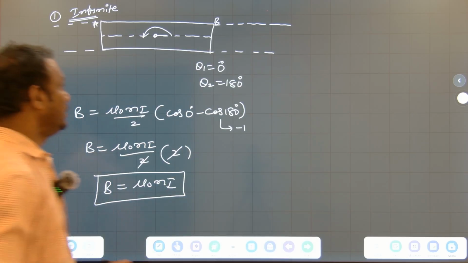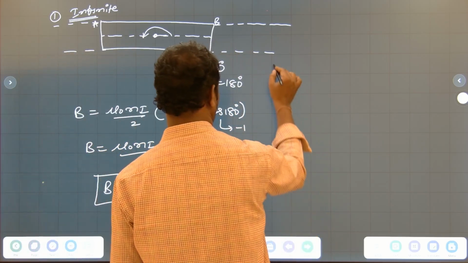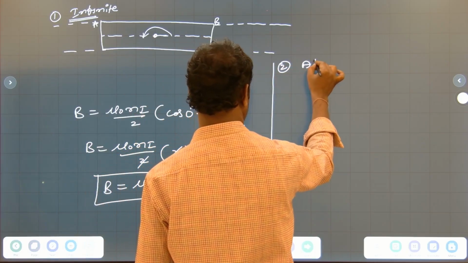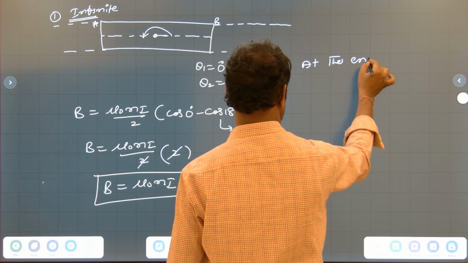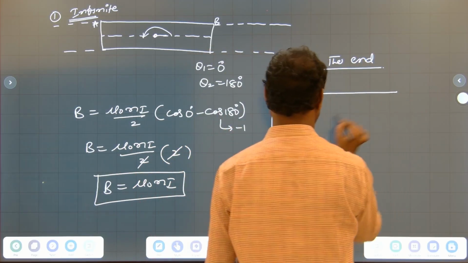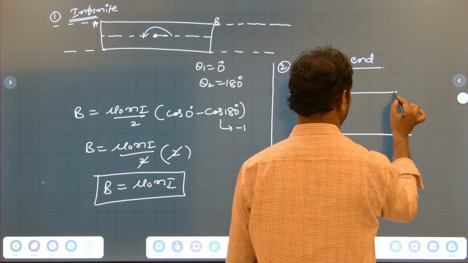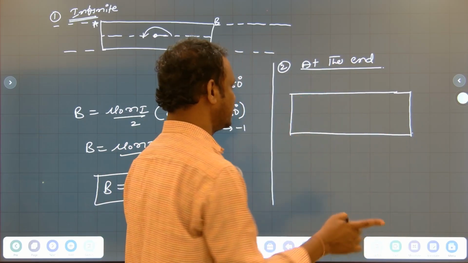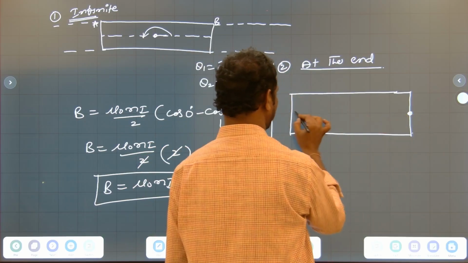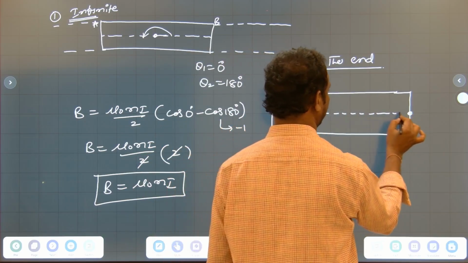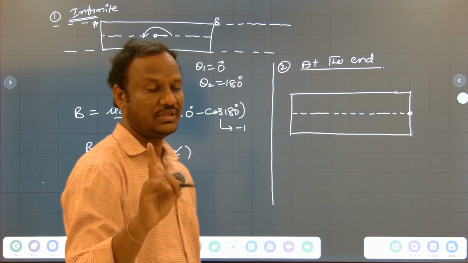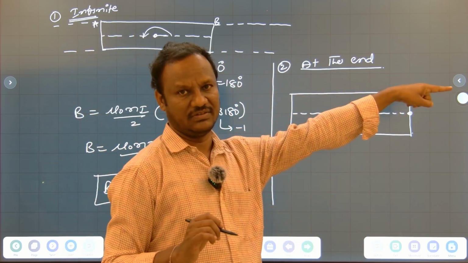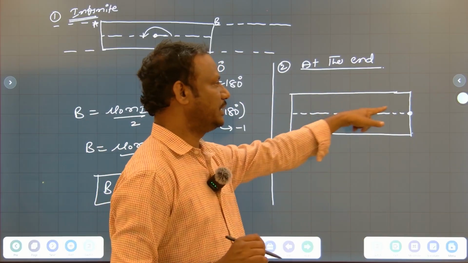Now consider a point at one end of the solenoid. Semi-infinite we can also take for all the cases. One thing to remember: sometimes the angles won't be given, the lengths will be given. Then you can calculate the angles by trigonometric ratios.